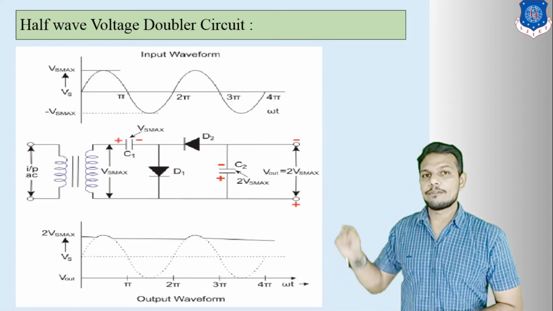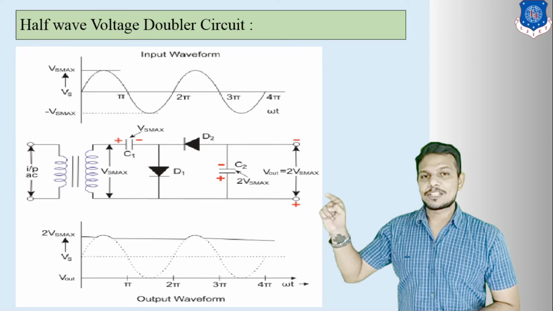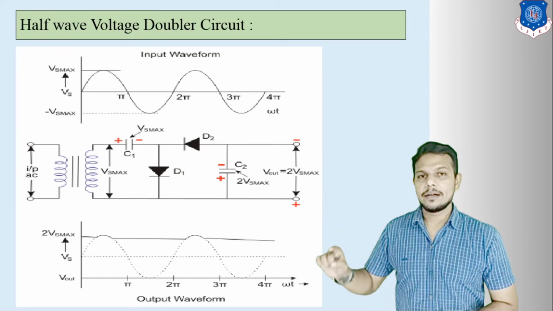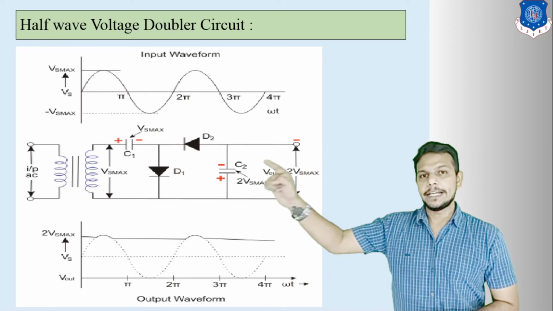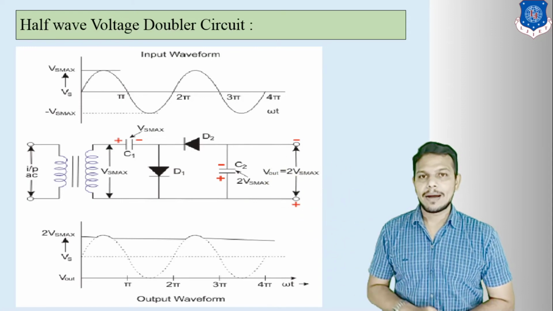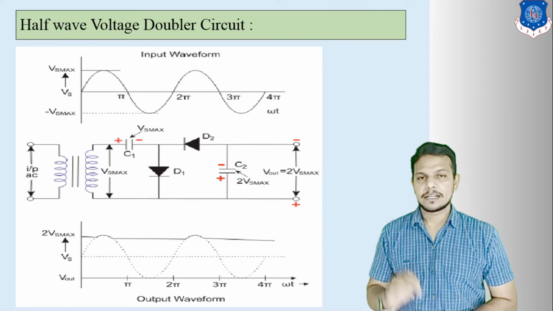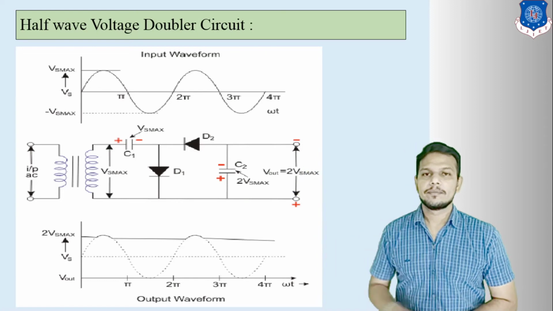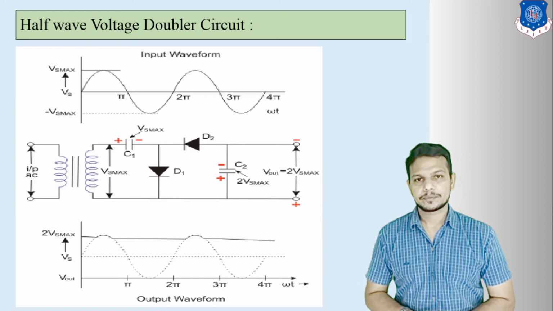Then current flows from the C2 side, that means your capacitor C2 becomes charged, and current flows through the D2 side, so your diode D2 works in forward bias, that means closed circuited, and goes to the minus terminal.